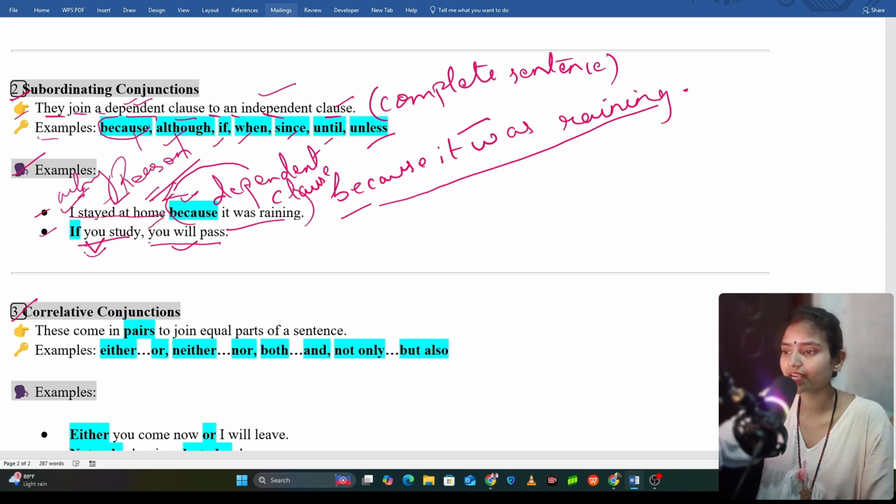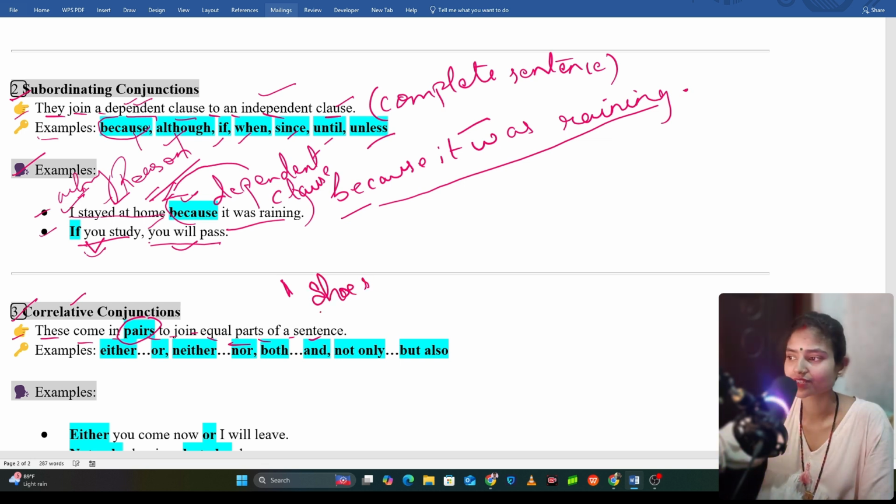Now what is the meaning of correlative conjunction? These come in pairs to join equal parts of a sentence. Pairs, you know, like a pair of socks, a pair of shoes.